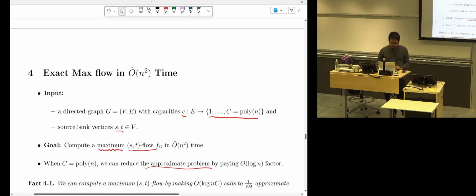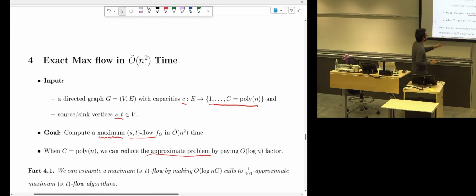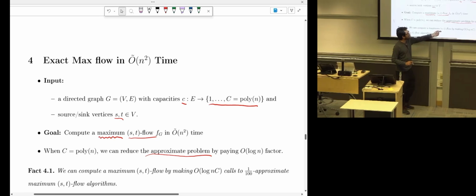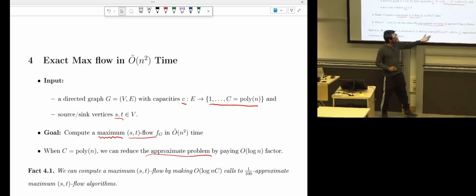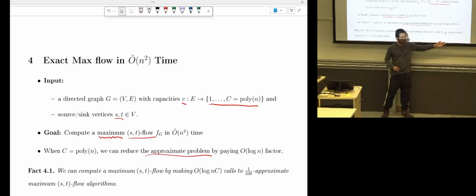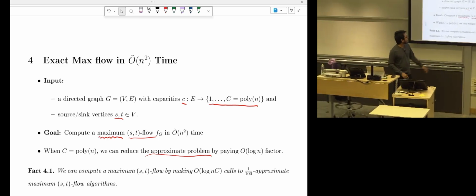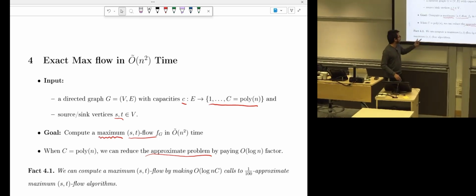Why? This fact is that we can compute maximum flow just by making something like log many calls to approximate, even as bad as a 1% approximation. If you have a 1% approximate maximum flow, then you can solve the exact one.